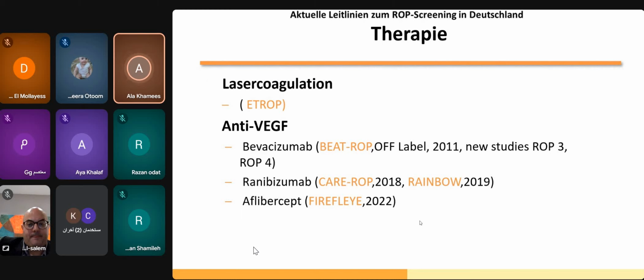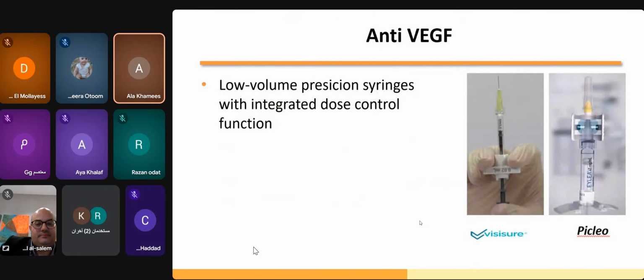Laser coagulation according to the ROP studies; anti-VEGF, the off-label therapy of bevacizumab in some areas, ranibizumab, it's now ranibizumab and aflibercept, the choice of anti-VEGF agents after the 2018 ROP study, 2019 Rainbow study, and 2022 the Firefly study for aflibercept.